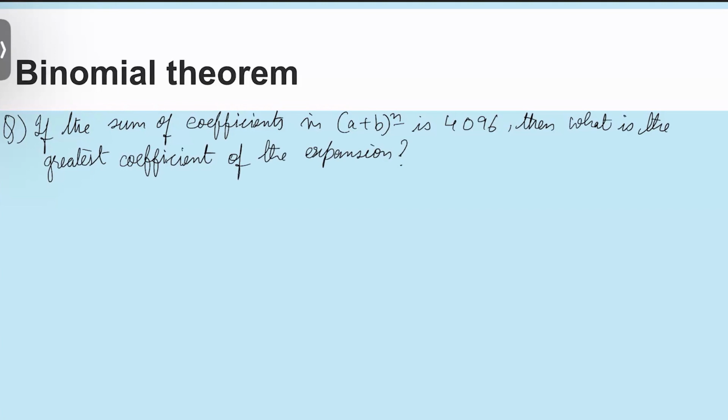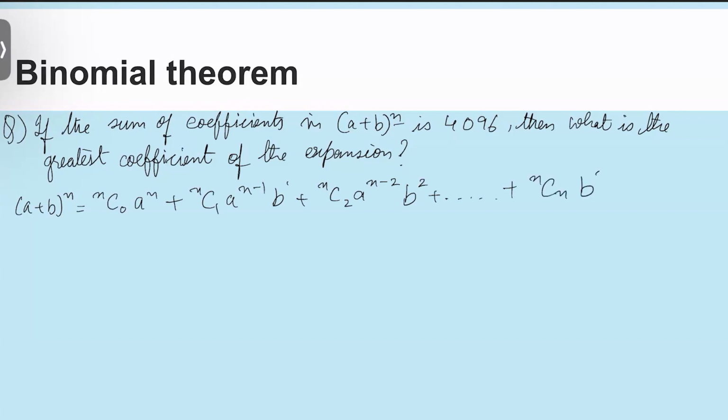So if you have a plus b the whole raised to n, expanding it, what will we get? nC0 a raised to n, plus nC1 a raised to n minus 1 b, plus nC2 a raised to n minus 2 b raised to 2, and all the way up to nCn b raised to n. So this is what we have.